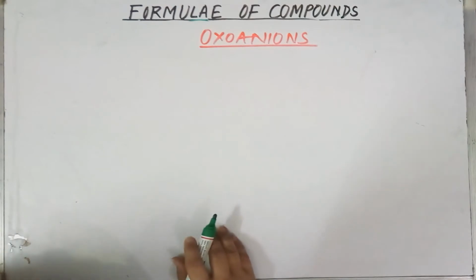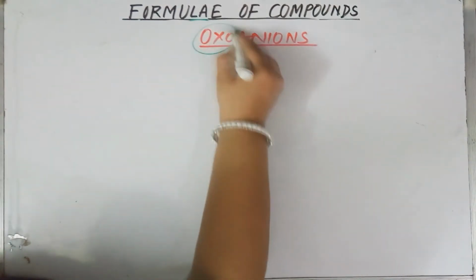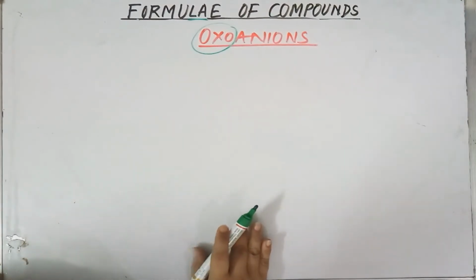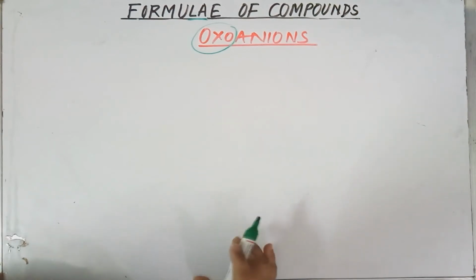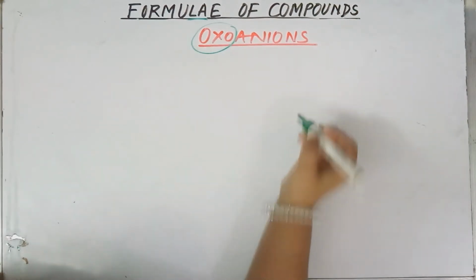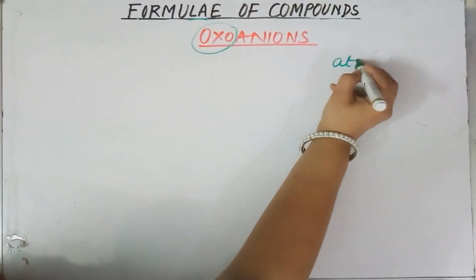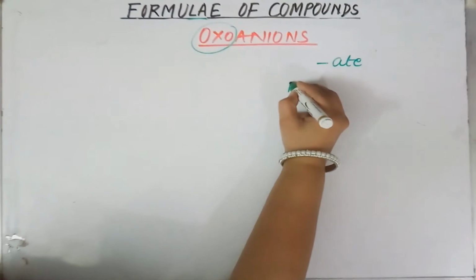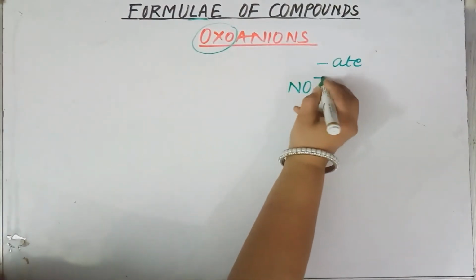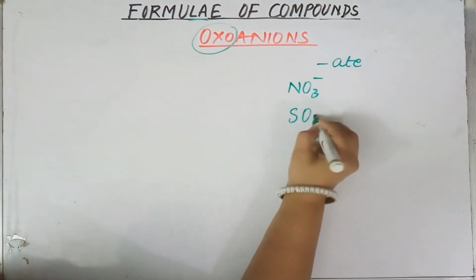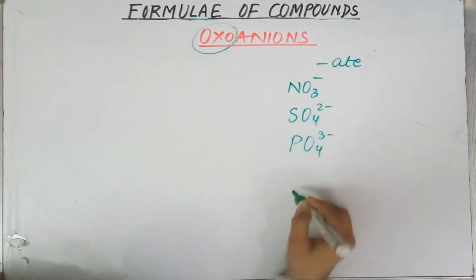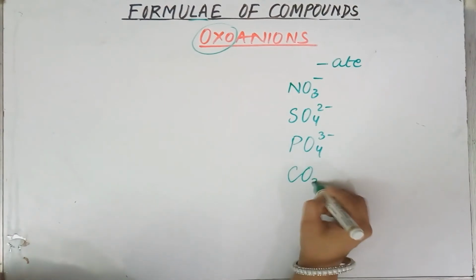Now let us talk about the special anions called oxoanions. These oxoanions are very common and you have seen them many times and you recognize them also, but they are slightly confusing. Here I am writing down the special category of anions whose names end with the suffix -ate. These common anions are nitrate, sulfate, phosphate and carbonate.